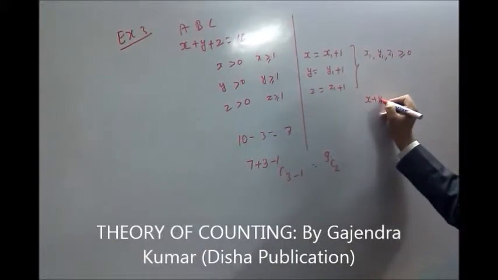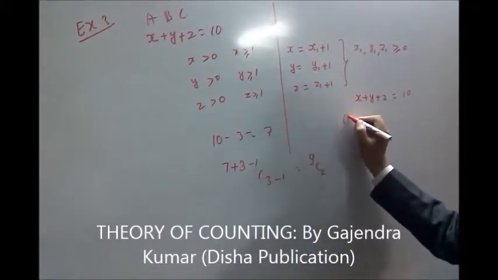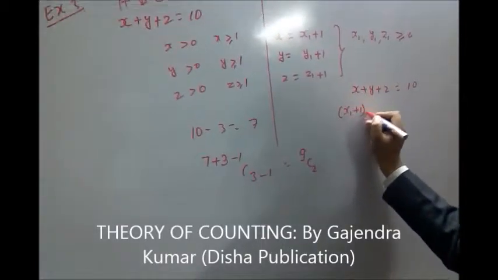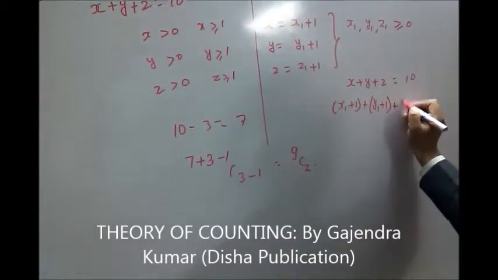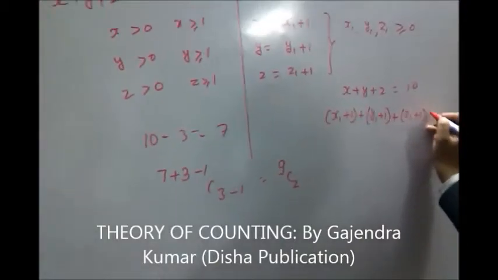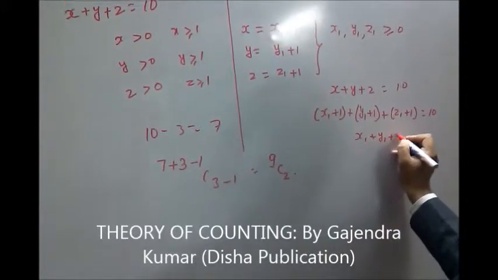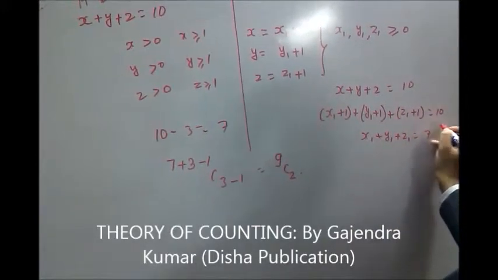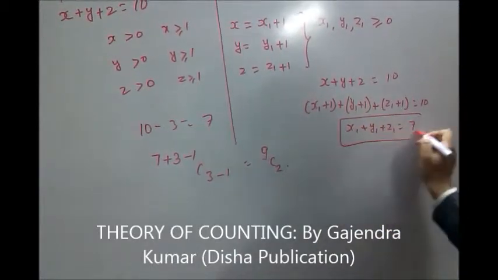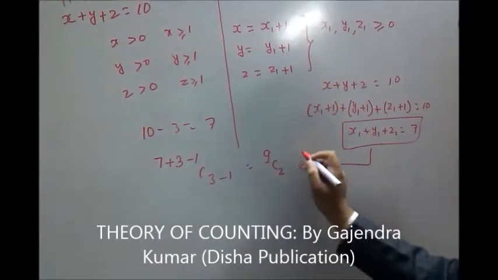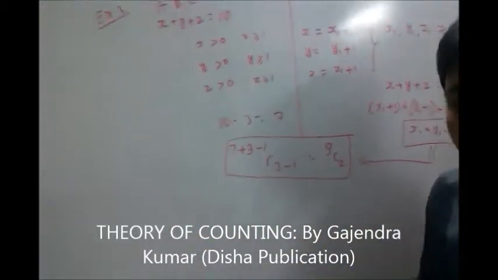Given that x plus y plus z is equal to 10, instead of x we write x1 plus 1, instead of y we write y1 plus 1, z1 plus 1 is equal to 10, or x1 plus y1 plus z1 is equal to 7. We need to find the number of non-negative integral solutions of this equation, and that is again given by the same 7 plus 3 minus 1, C 3 minus 1, or 9 C 2 ways.